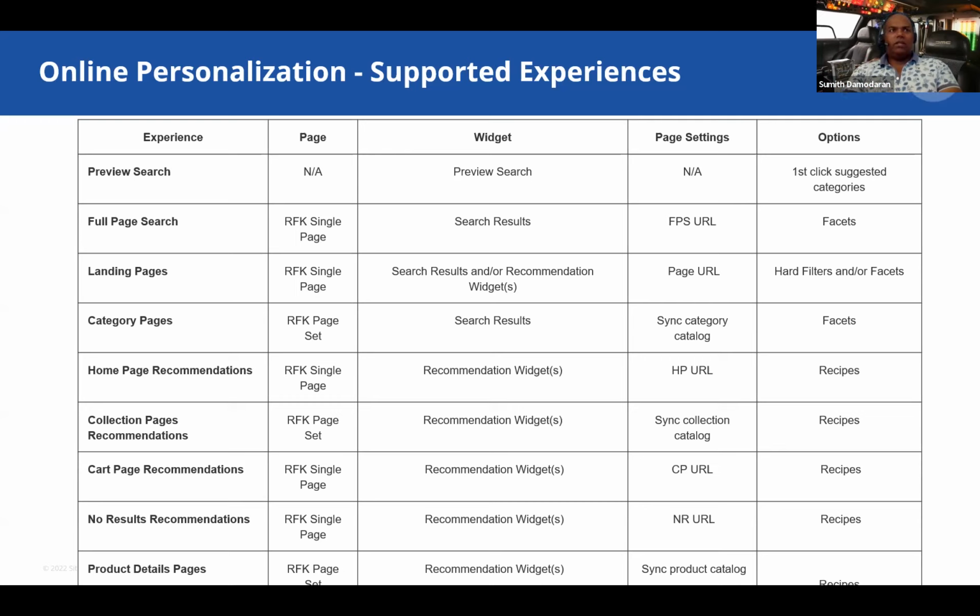You can have a home page with a recommendation widget. And then within the platform, CEC, you generate the URL. And then you can use recipes that we look into today, to drive that. So these are different types of experiences that you can use within the Discover platform.